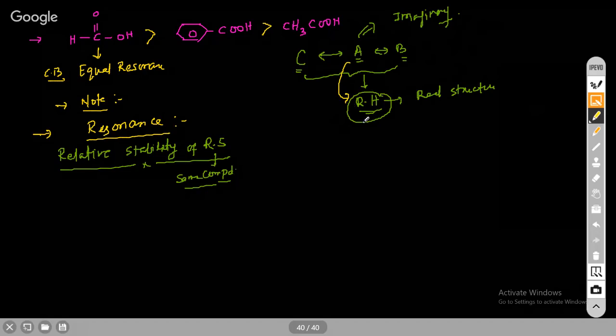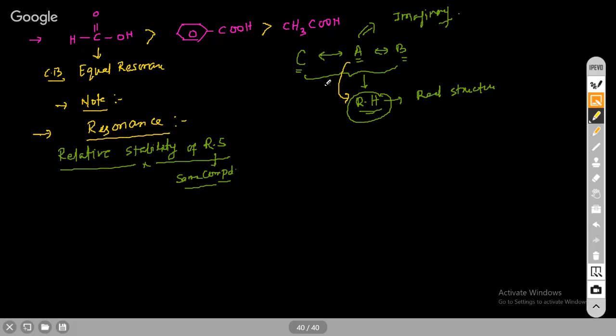The properties of this real structure will be somewhat similar to C, A, and B, and collectively they'll have the property of the entire molecule. Whatever resonating structures we have, each contributes into the property of the resonance hybrid.